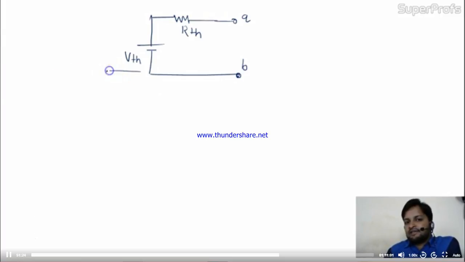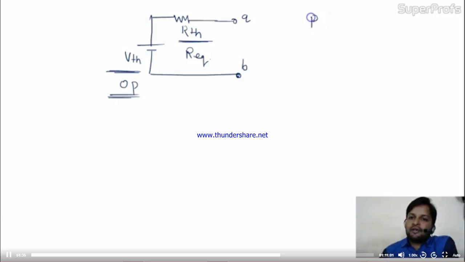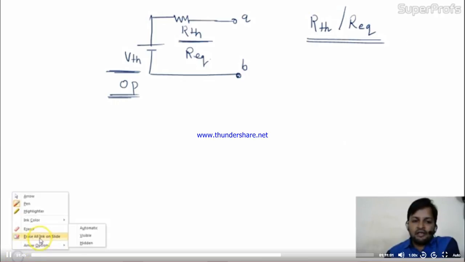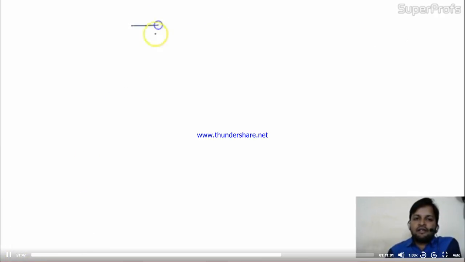The VTH is nothing but the open circuit voltage, as you know. RTH is the R equivalent across that point. So we know the method to find out the RTH or R equivalent across any terminal. Okay. See, in the first unit, I'll make it clear again to you people. In the first unit, we have seen a question like this. I'm drawing it for you again.